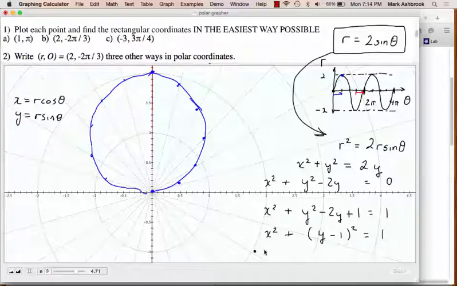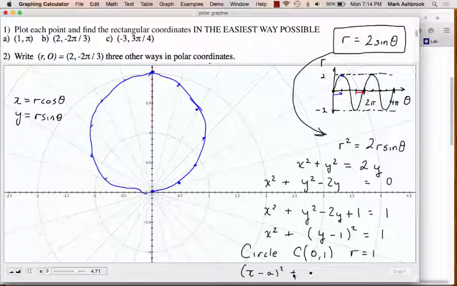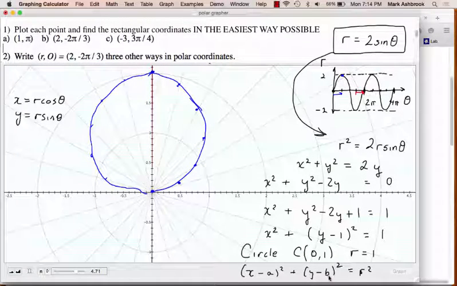What do we have? Circle, center 0, 1, radius. This is radius squared, right? Why? Because it's x minus a squared plus y minus b squared equals r squared, where (a, b) is the center, r is the radius. That's our general form.